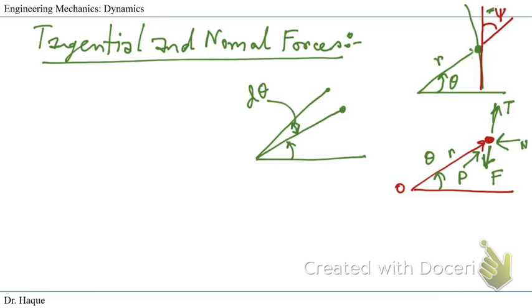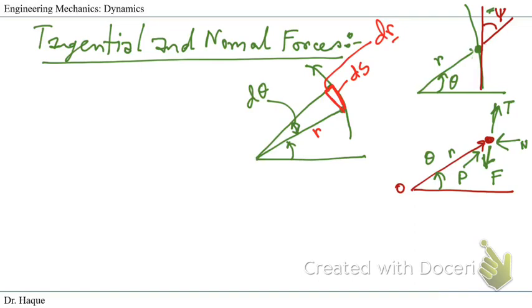And if we say the path was like this, we can say this small distance is a straight line, ds, and the change from the previous r to the new position is this small change, which we define as dr.